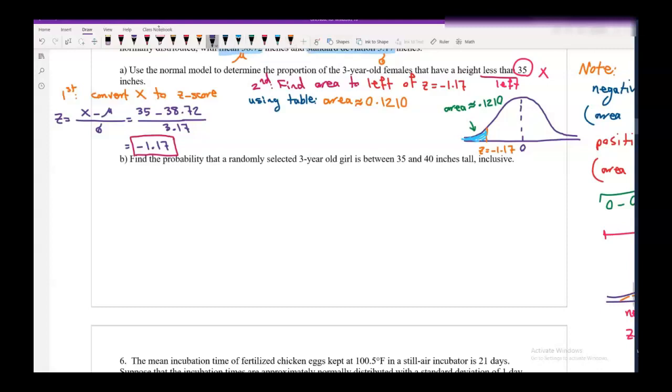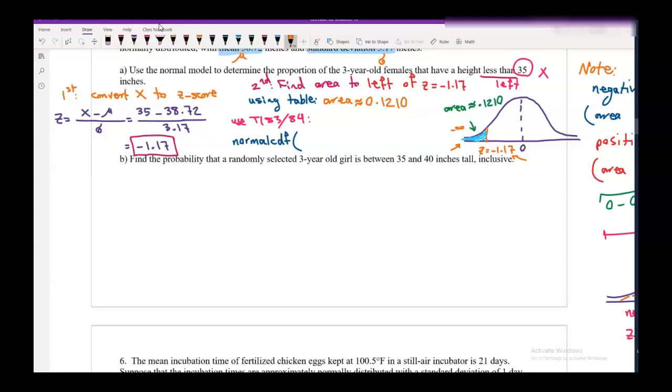Now I want to use the TI-84. Since z is given and we are asked to find the area, use normal CDF. Finding the area for this part, here is our lower bound, and this is the upper bound, which is z equal to negative 1.17. On the left we have negative infinity.